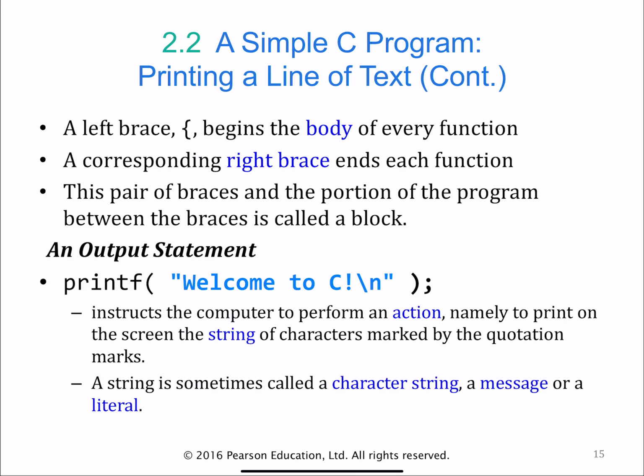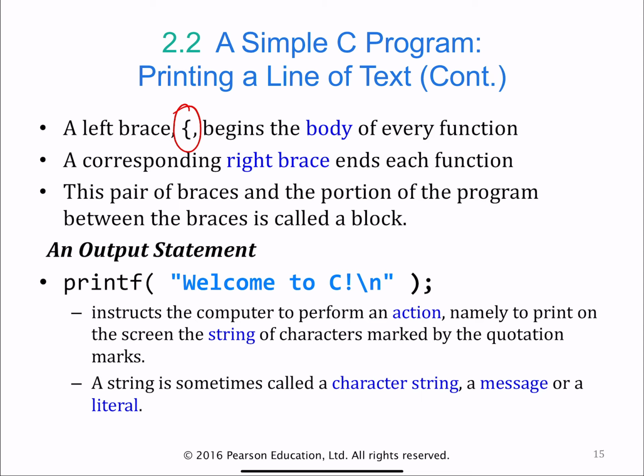All right, and after that we come to the first real line of code inside the main function. Every function begins with curly braces and ends with a matching closing brace. Where exactly you put that doesn't really matter.